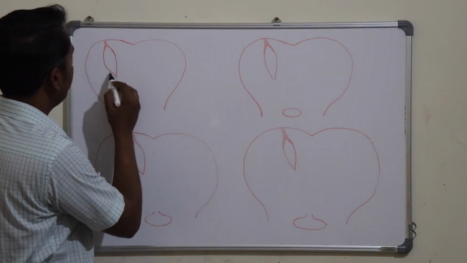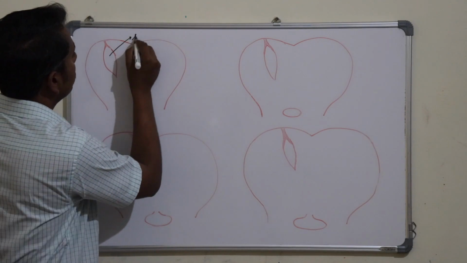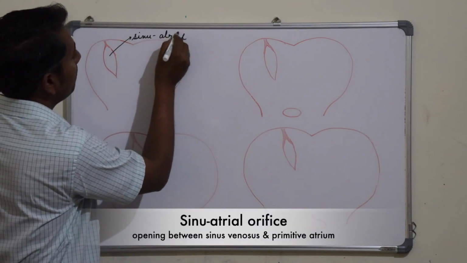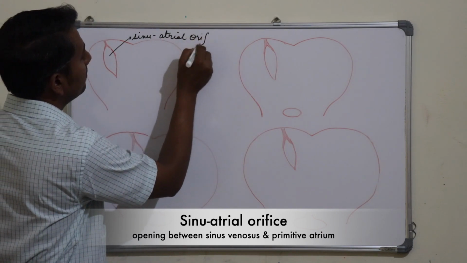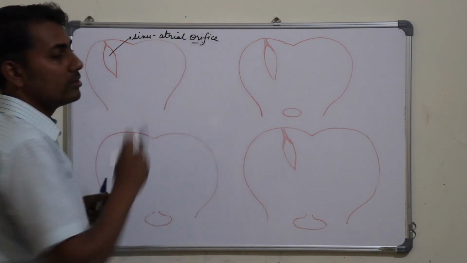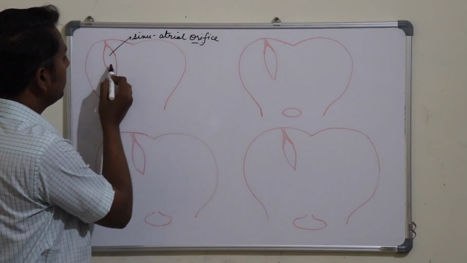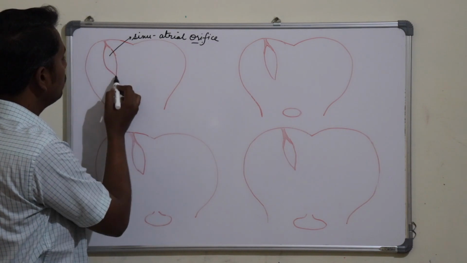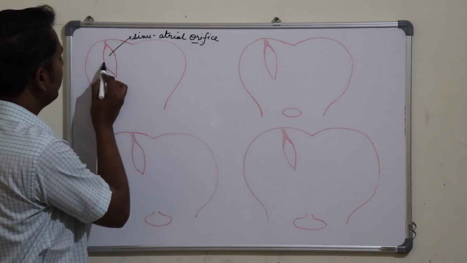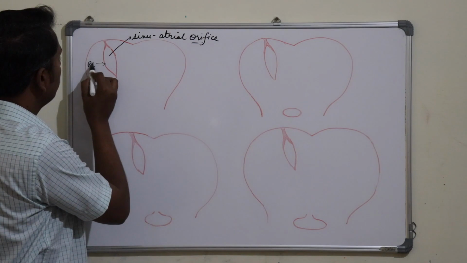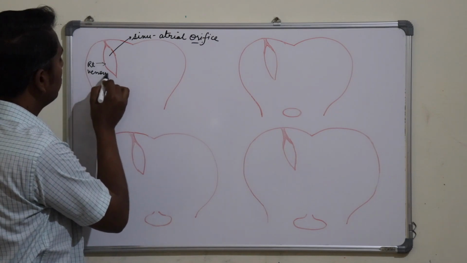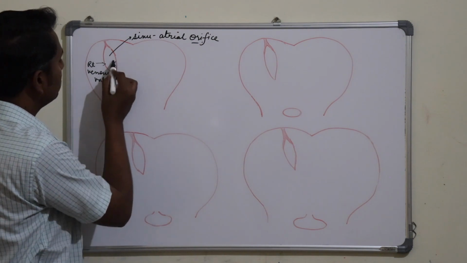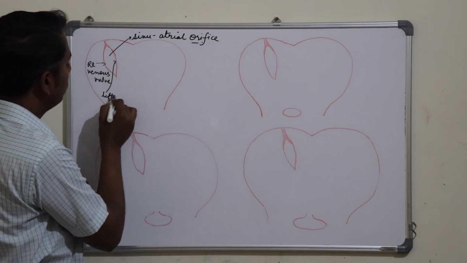This is the sinoatrial orifice, which is the opening between the sinus venosus and the primitive atrium, which has narrowed down towards the right atrium, and this orifice is guarded by two valves, that is the right venous valve and this left margin is known as left venous valve.